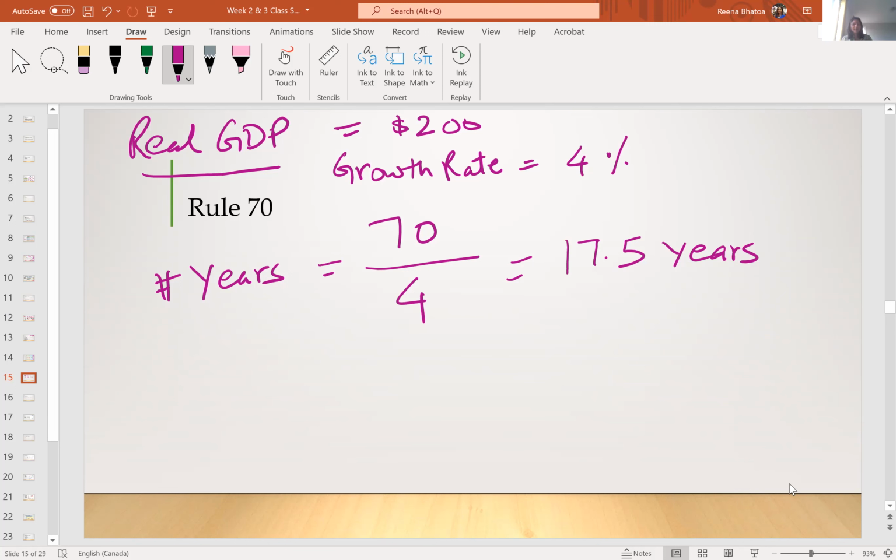Just a simple thing. You might have one question on the exam, but you definitely have a question on the assignment on rule of 70. It's called rule of 70 because we divide 70 by the growth rate. It's a simple thing. You can write this formula on your formula sheet also. 70 divided by growth rate, and whatever it calculates, it's the number of years.